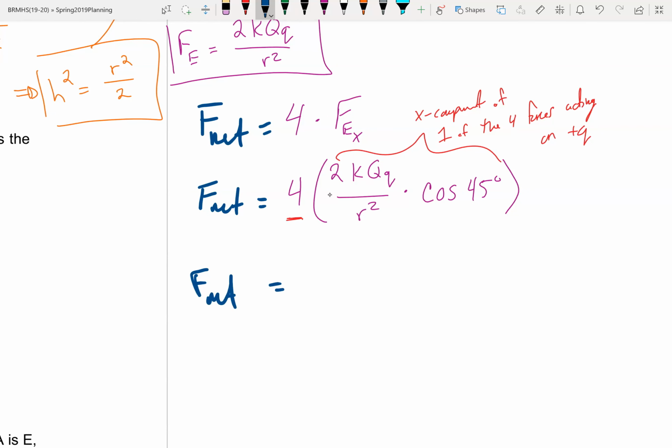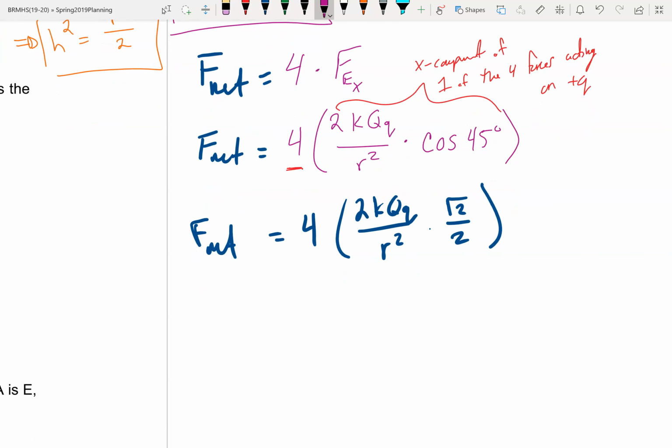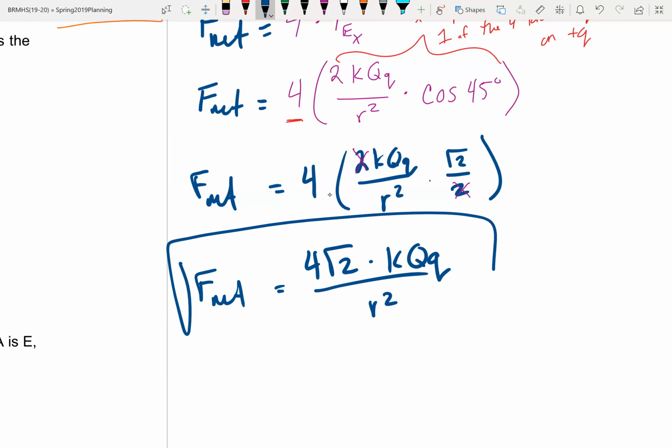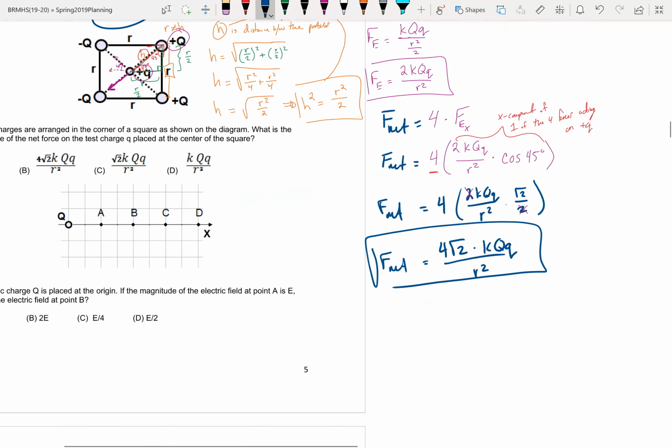F net is now, let's see, we'll keep it clean, 4 times 2 k q over r squared. Cosine 45 degrees is square root 2 over 2. Right away I can see that I have my 2's canceling out. And so I have a net force, F net, that is going to be 4 square roots of 2 times k big Q little q over r squared. And it's directed entirely to the left.